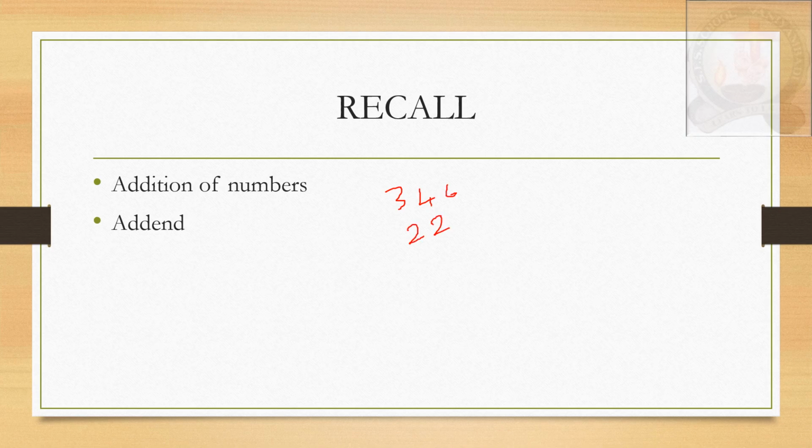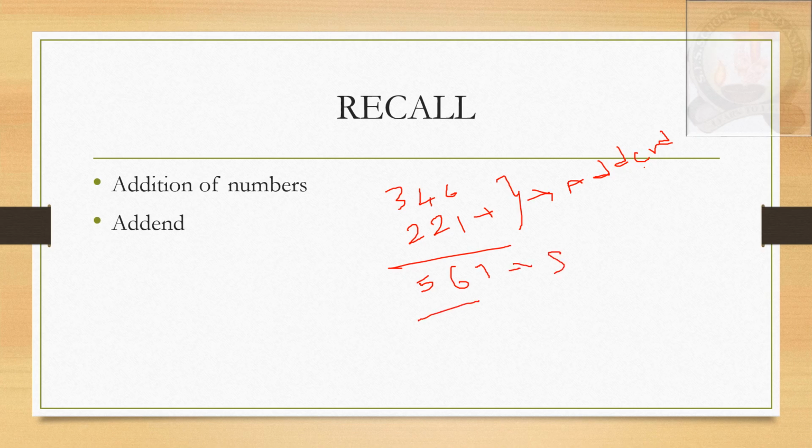Next is addend. Let us understand this addend through an example, children. It's a very easy one. For example, add 346 and 221. Which numbers should be added here? These two numbers should be added. The numbers that are to be added are called the addends, children. So we add 346 and 221, and these numbers are called the addends.